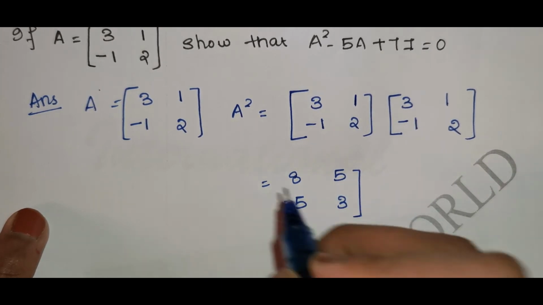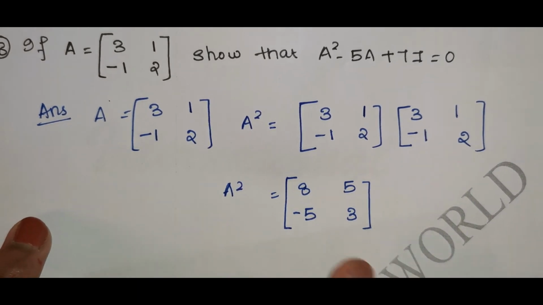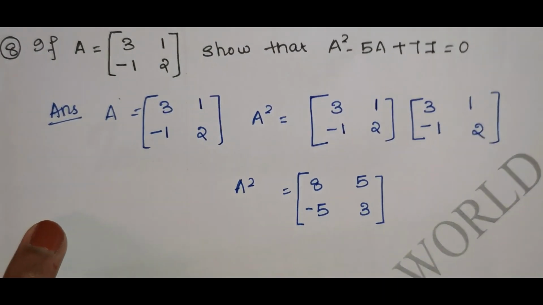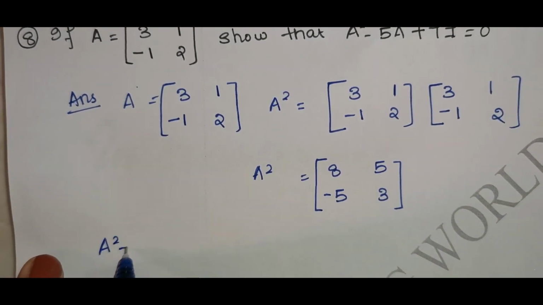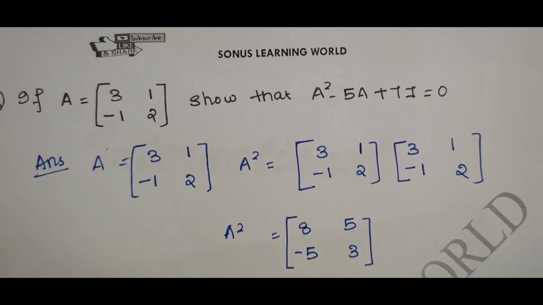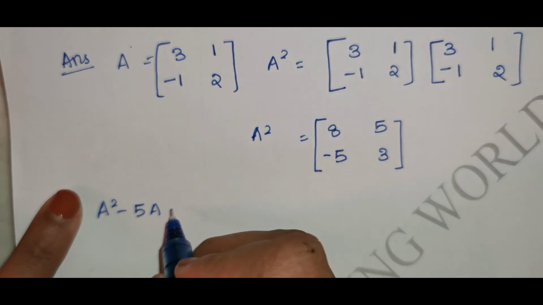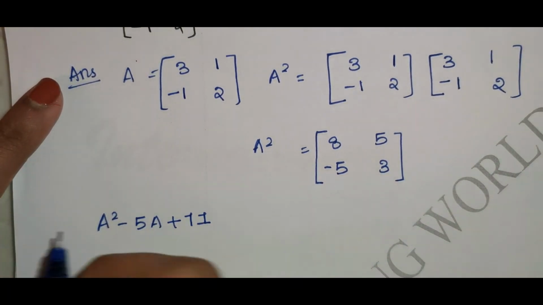So this is the answer of A square. Let us substitute the values into this equation: A square minus 5A plus 7I is equal to 0.